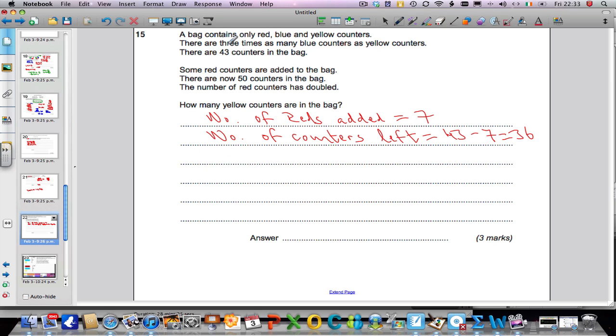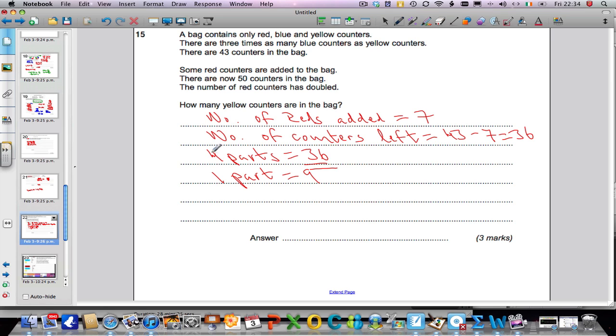And remember, 3 times as many blue as yellow. That means in total the 4 parts must be equal to 36. The 1 part must be equal to 9.